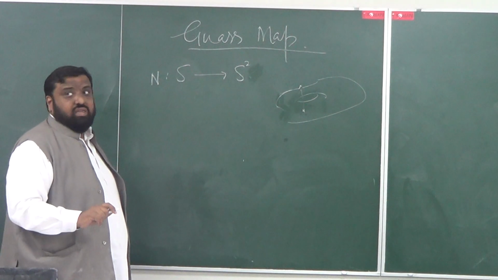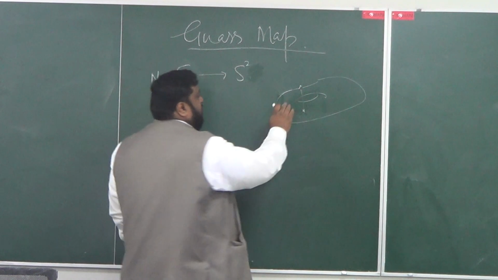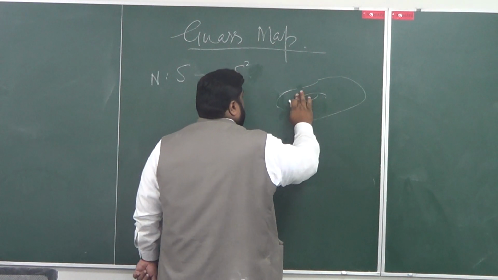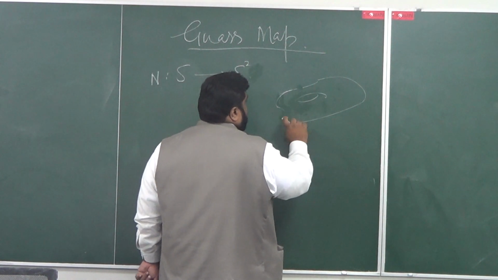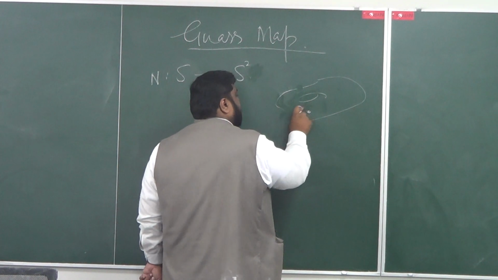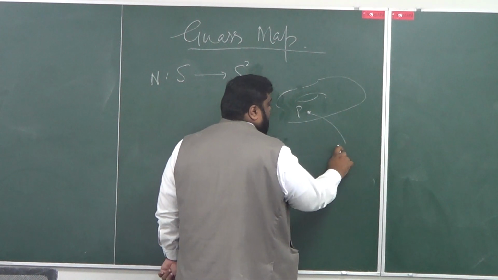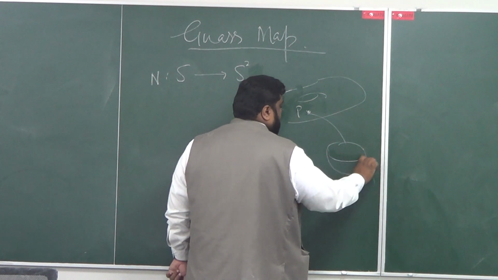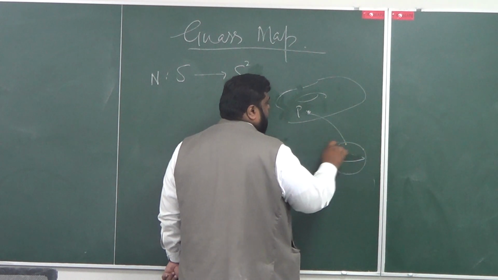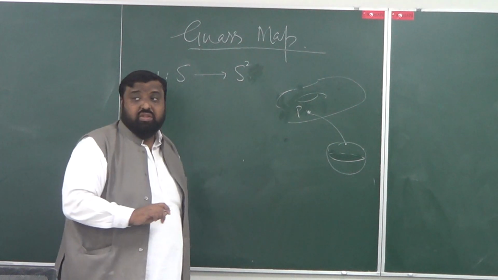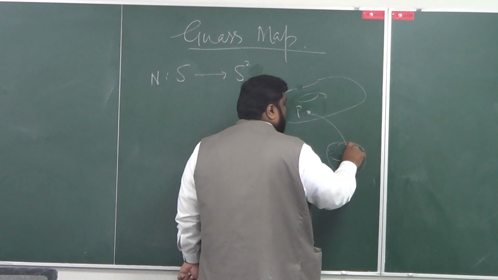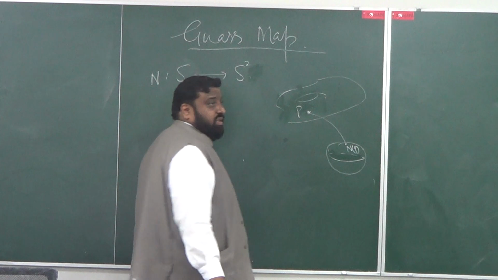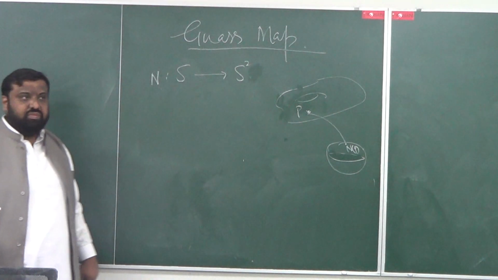So I can treat N as a map that takes a point P and throws it on a sphere, somewhere here. This will be what you call N of P. Are you getting the point?